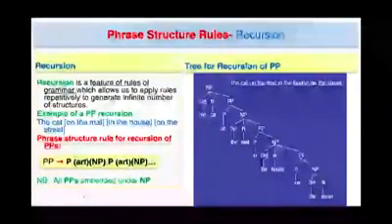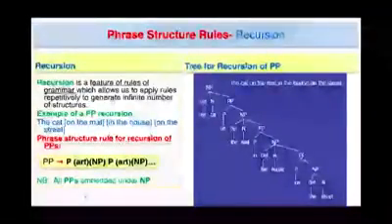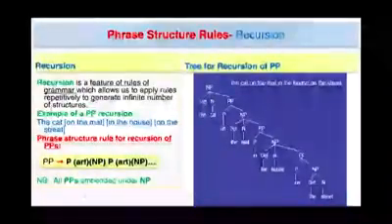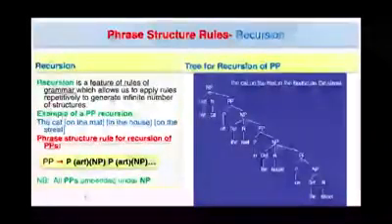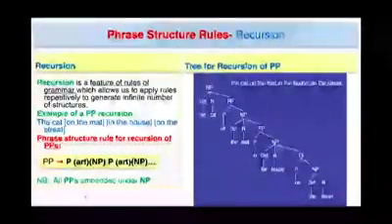So language allows us to use this recursion in order to have an endless and infinite way to express different things. Now, what is the rule for this type of phrase when we have recursion of a specific type of phrase? Here we have the example of recursion of a prepositional phrase.